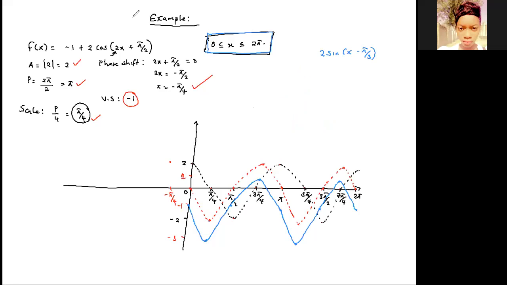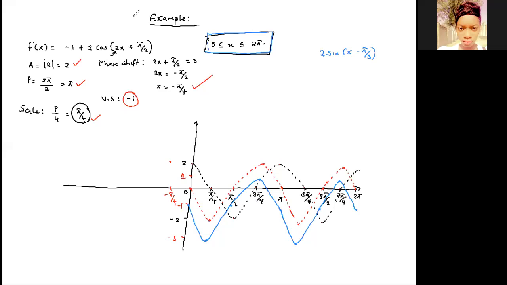Doesn't cos start from 1 going upwards, or since the amplitude is 2, is it not supposed to start from 2 going upwards and then it goes down? Cos starts from 2 going down, not up. What goes up is sine. Yes, I know, but they both start at different points.